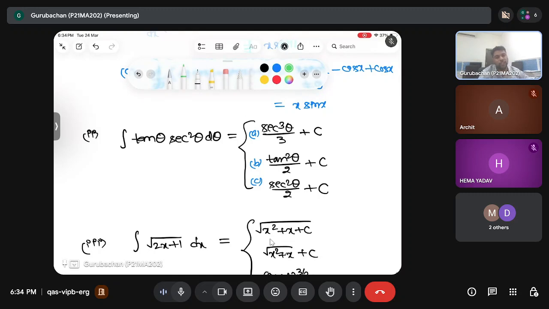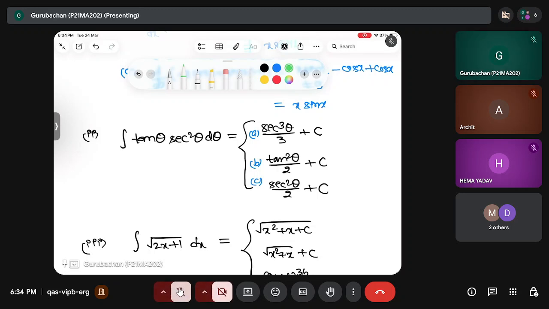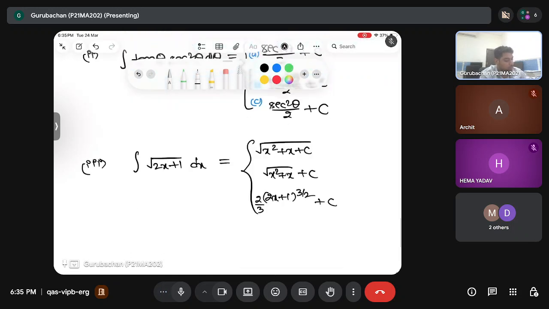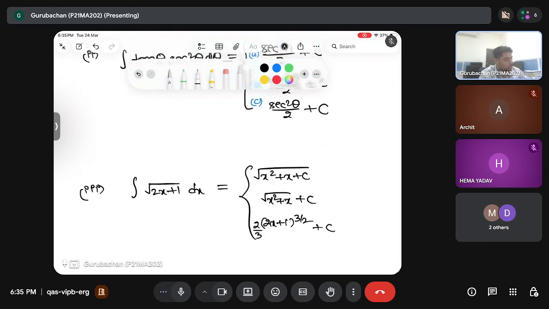What is the differentiation of secant cube theta? Sir, 3 sec cube theta tan theta. But we don't require that one. So obviously this will not be the integration value.